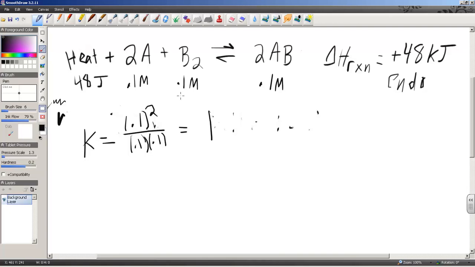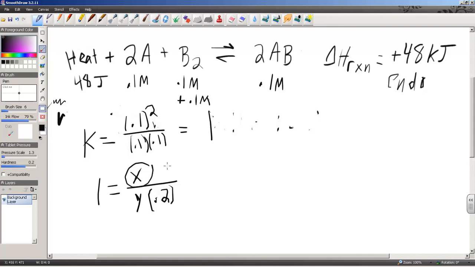So what if I added some of B? I added another 0.1 molar to this situation, or 0.1 moles, however we want to think about it, of B. Well, now K has to equal 1, and it has to be some value X, whatever this is going to be, over 0.2 for B2, 0.2 times the new value for A. We'll call it Y. Mathematically, for this to be true and still stay 1, X has got to grow.